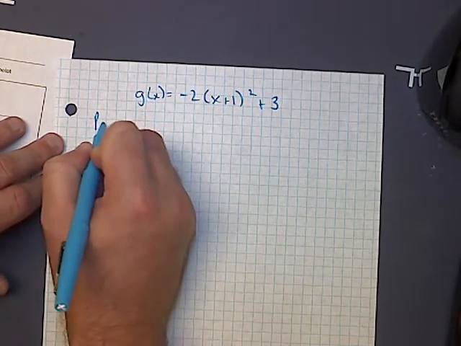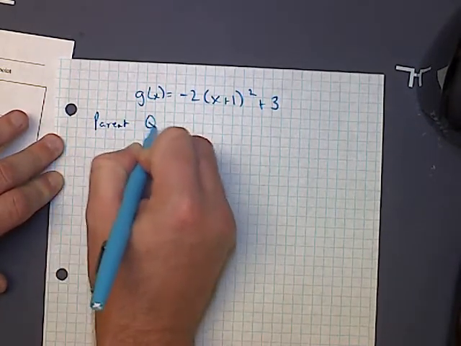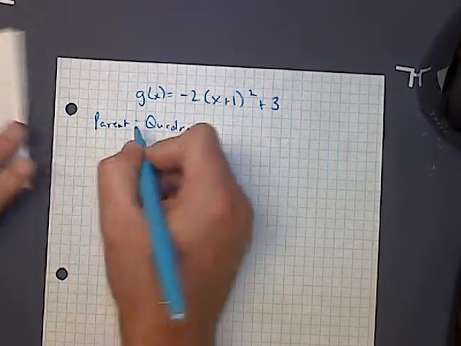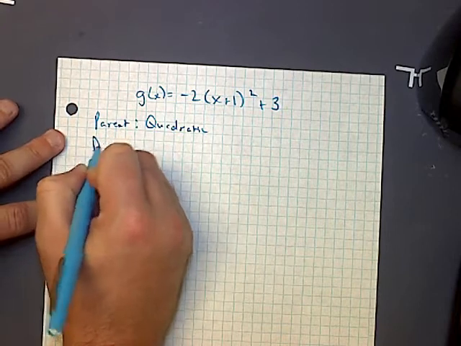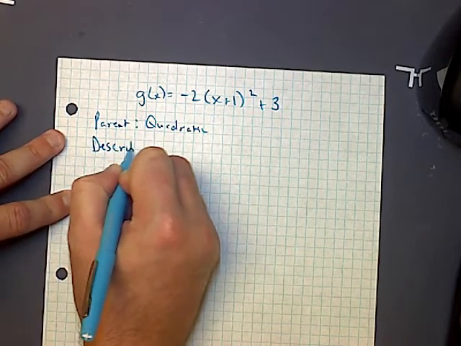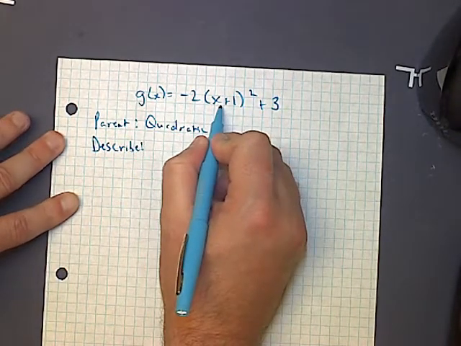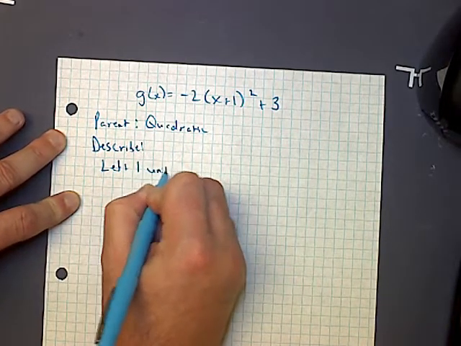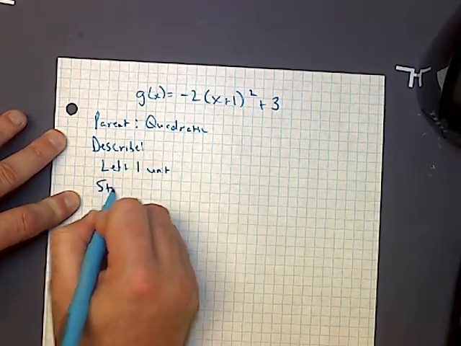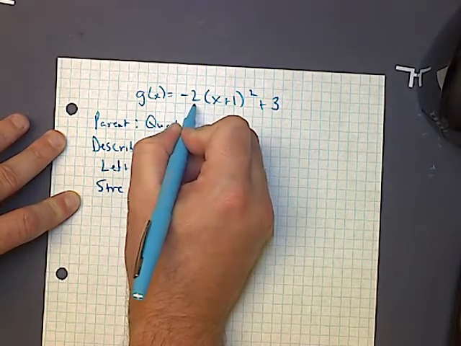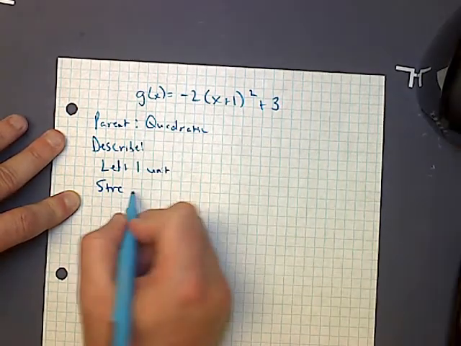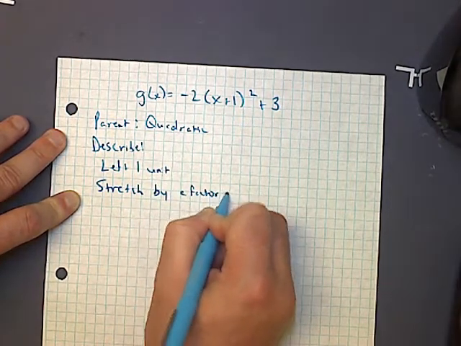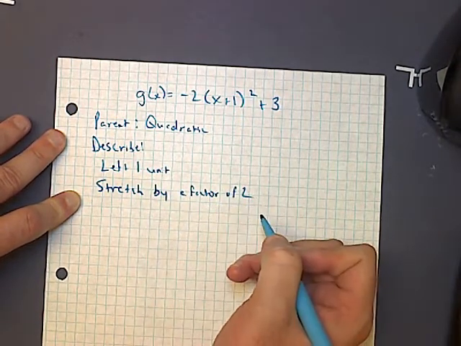The parent function is quadratic. If I had to describe this, first, work from the inside out: move left 1 unit. Stretch, since the 2 is on the outside, by a factor of 2.